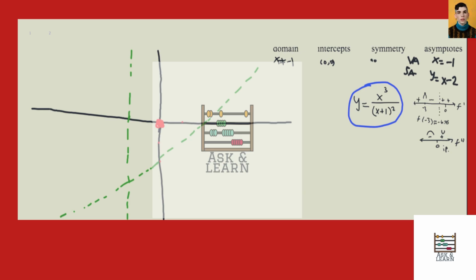And now we know that we have a local extremum at -3, -6.75. So let's just say this is -3, -6.75. And we know it's going to be like this because it is a local maximum. It has a curvature to it. Difficult to draw, but there's a curve.